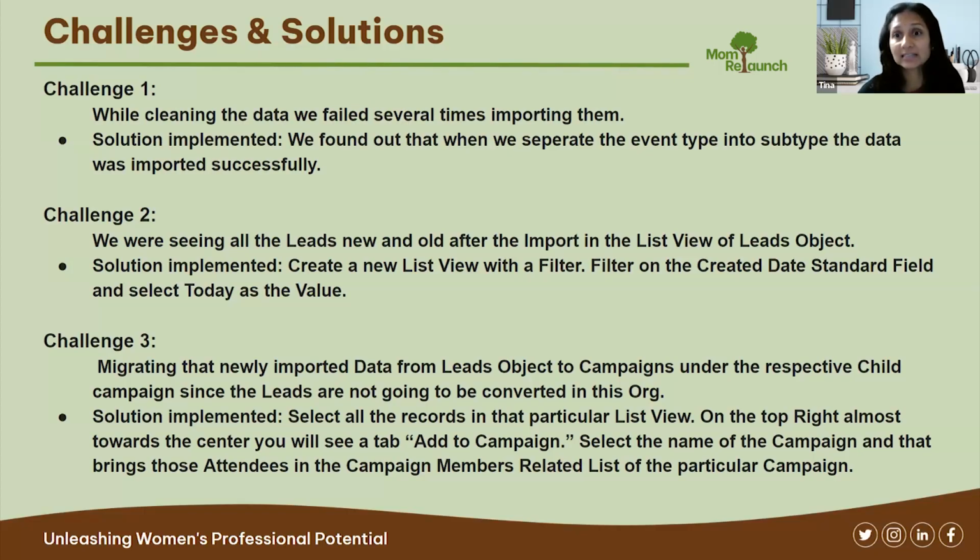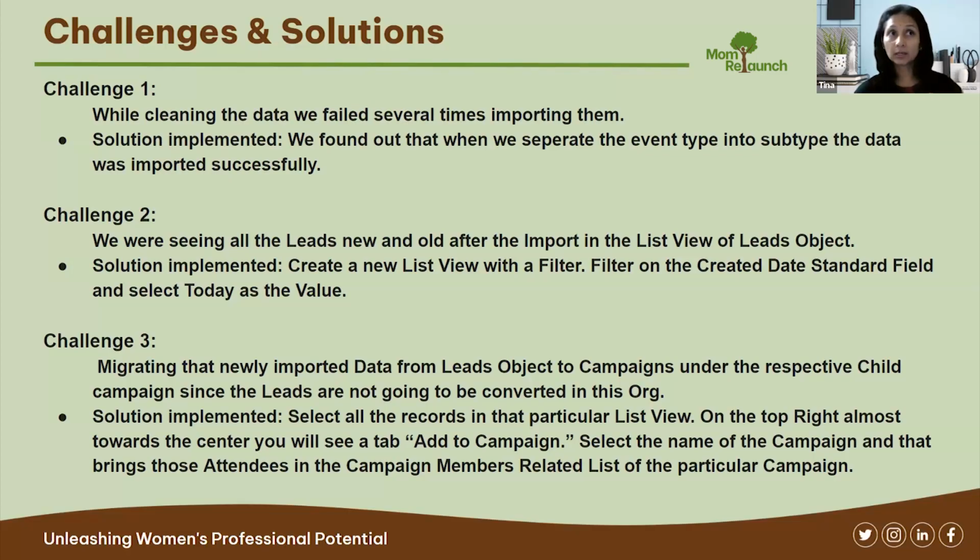In that one, we realized that the event type, if we separate the fields into a subtype, then the data was being imported successfully. So the event type was Mom Relaunch Power Hour or Mom Relaunch Book Club. We have two parent campaigns. One's a Power Hour and the other is a book club. So any speakers who talk about their books, like we had Jodie Herberg when she was here and she spoke about her book, when we have a session like that, that falls under the Mom Relaunch Book Club campaign.